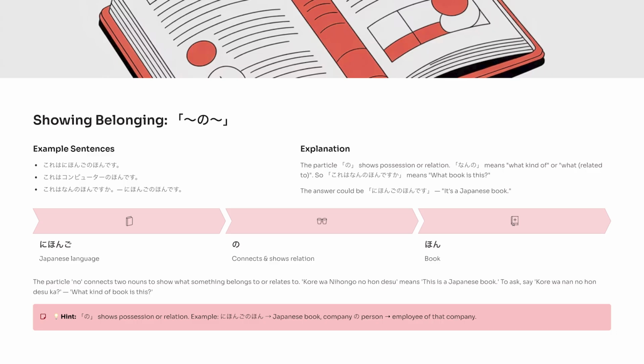So when you see の between two nouns, it means the first noun describes or owns the second one. You can also ask, これは何の本ですか? What kind of book is this? And you can answer, 日本語の本です. It's a Japanese book. Easy, right? Think of の as a little link, connecting words just like a chain.